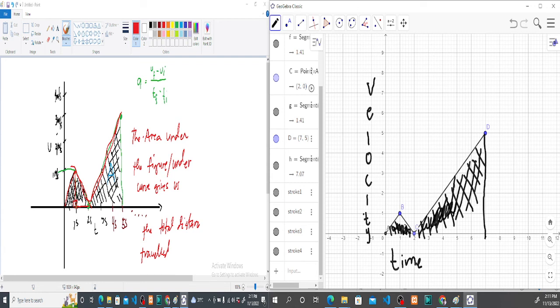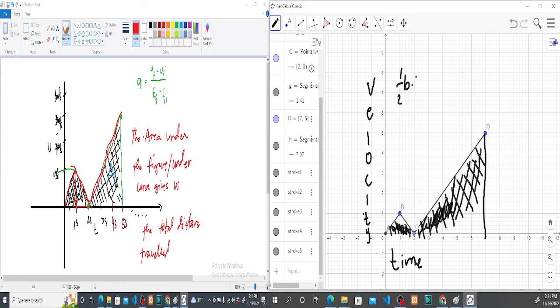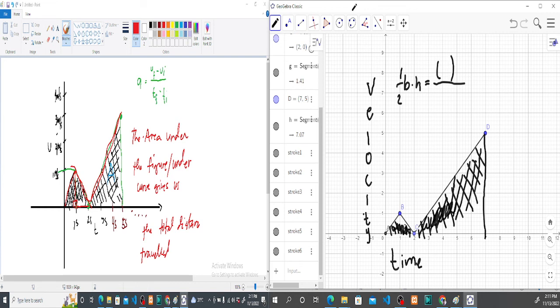So for the triangle, we see that it's actually 1/2 base times height, and for the big triangle here, we have 7 minus 2 for the base. Okay, so that's gonna be 7 minus 2 for the base, and then the height will be 5. Why 5?